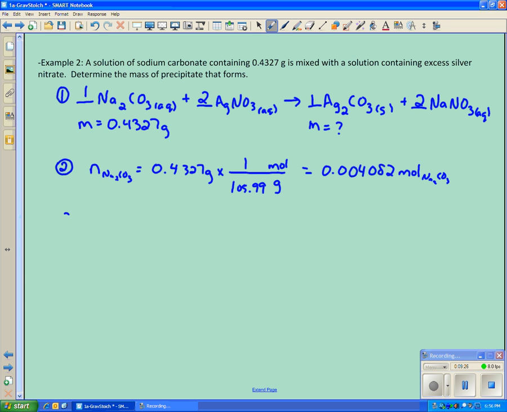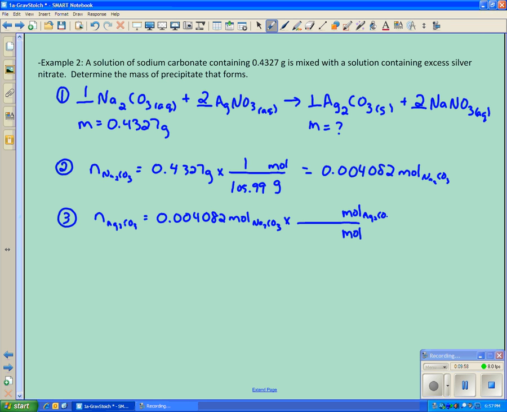Step 3 is to use the mole ratio to get the moles of our unknown substance. So our unknown is our precipitate, it's silver carbonate. So using the moles that we just calculated above, which is the sodium carbonate, we want to multiply by a mole ratio, and we want to end up with moles of the silver carbonate, so they need to go on top.